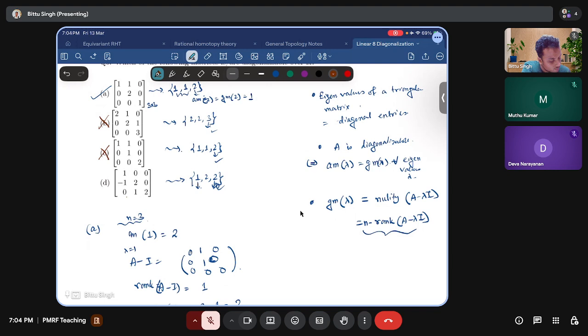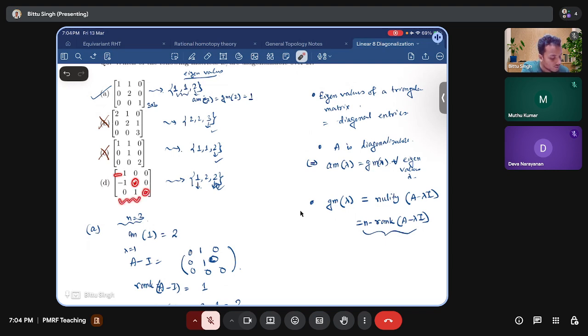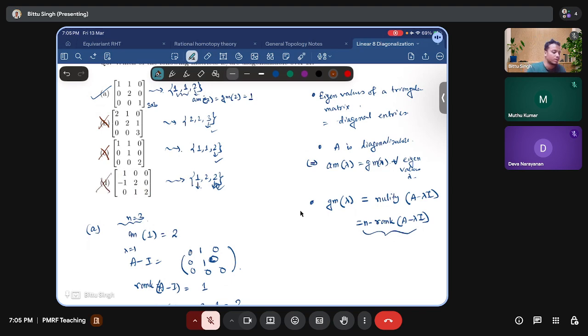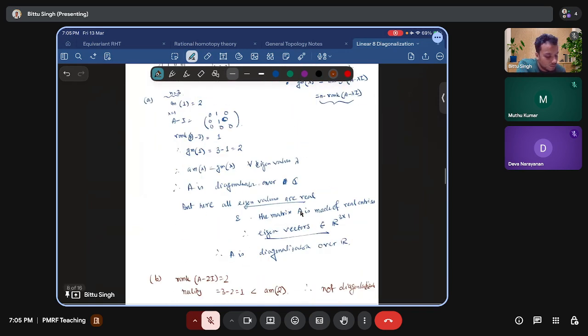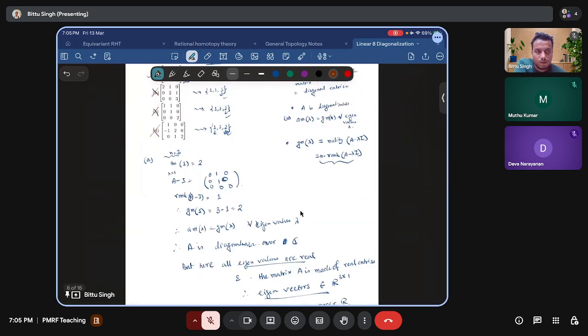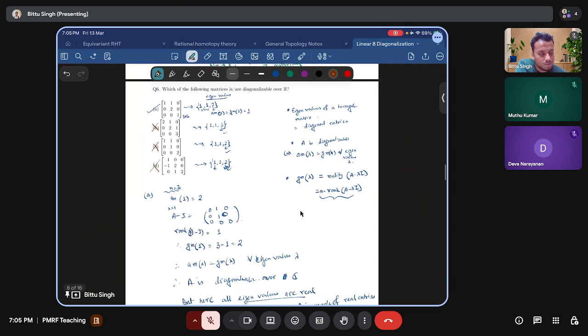What about D? For D, again we subtract 2, right? 2 is appearing twice. So if we subtract 2, this becomes minus 1, this becomes 0, 0. So the rank is 2 by the same technique. This is not diagonalizable. Is there any doubt up to this problem?